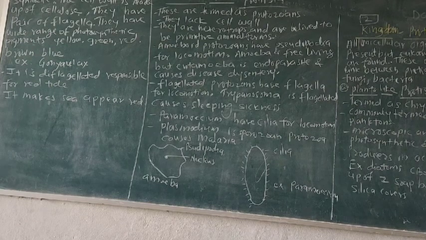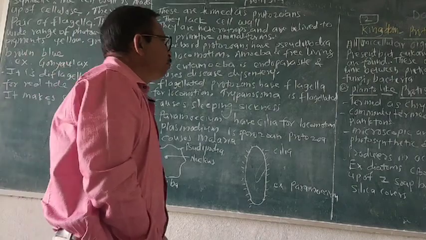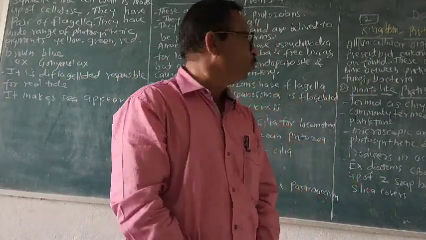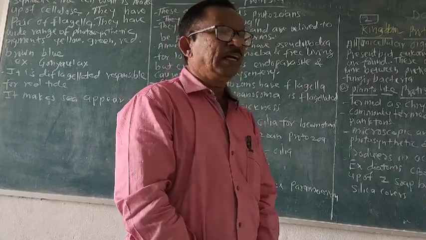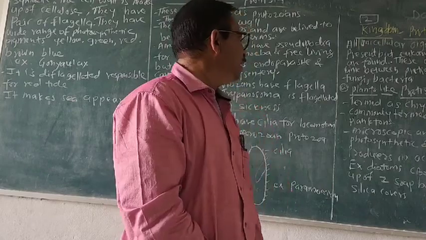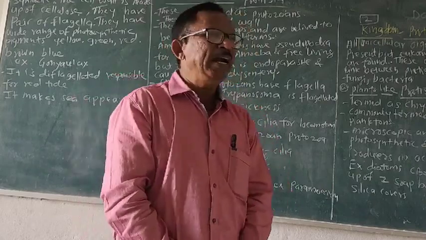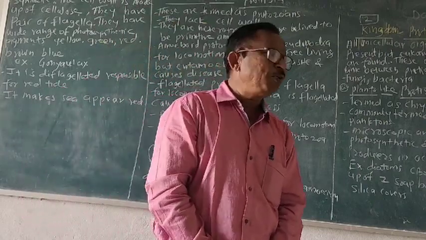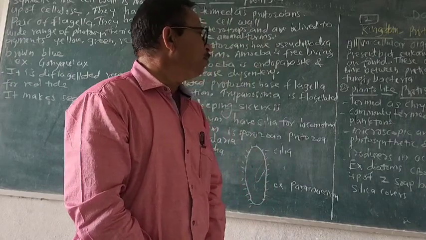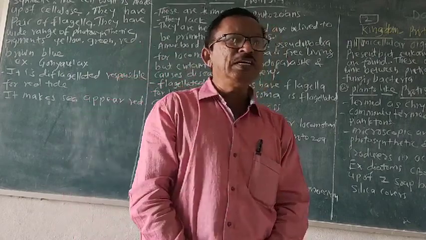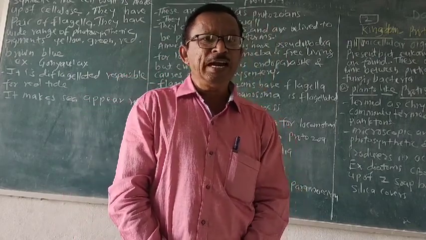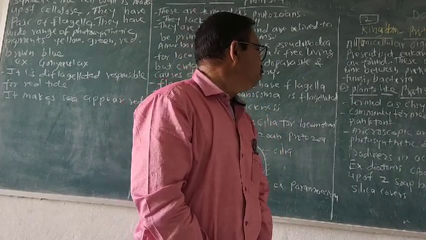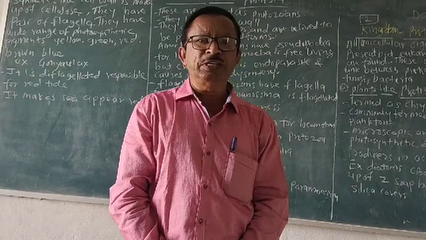Now the first further classification is plant-like Protista. They are called chrysophytes, commonly called phytoplankton. They are microscopic and mostly photosynthetic, able to produce their own food, and are major producers in the ocean.